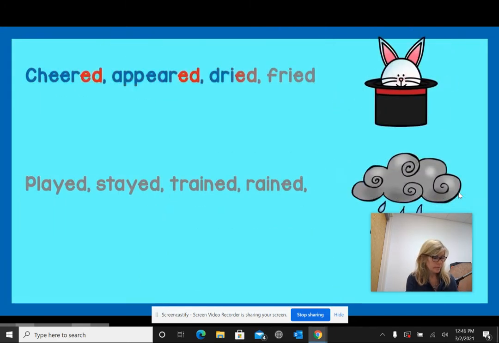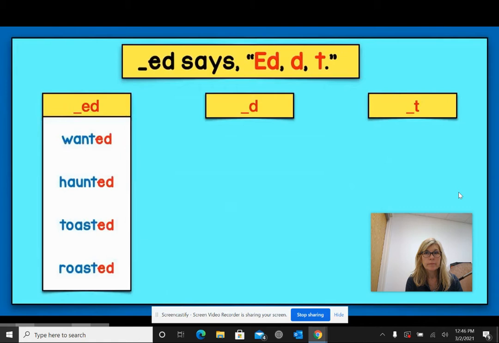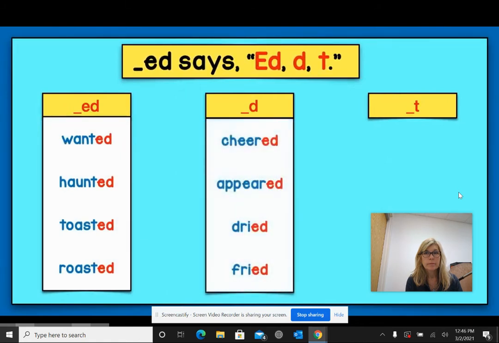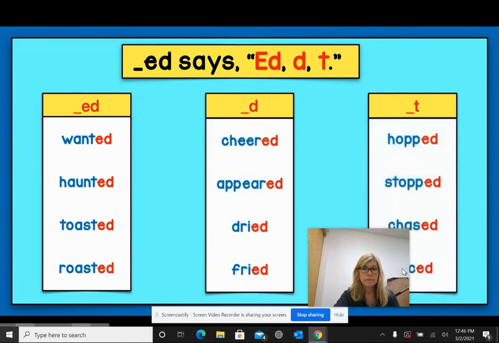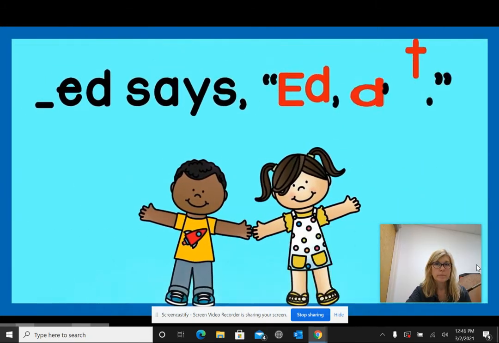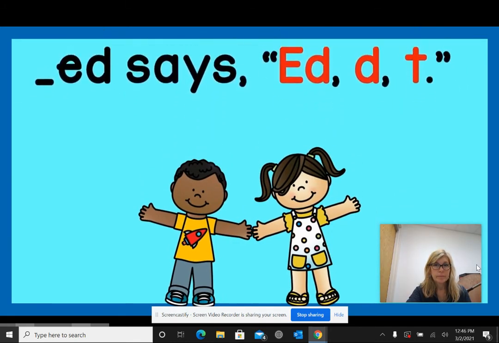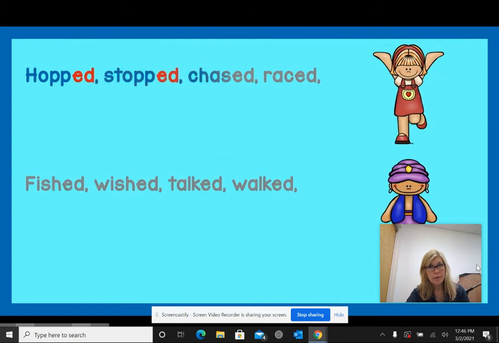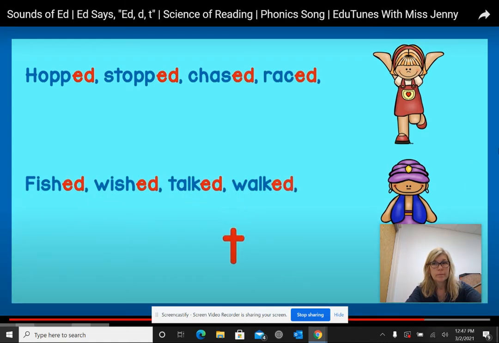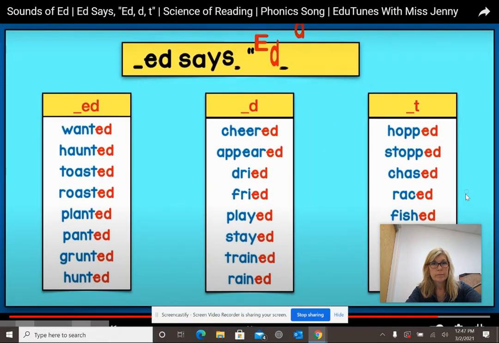Cheered, appeared, dried, fried, played, stayed, trained, rained. Ed says d. Hopped, stopped, chased, raced, fished, whisked, talked, walked. Ed says t.